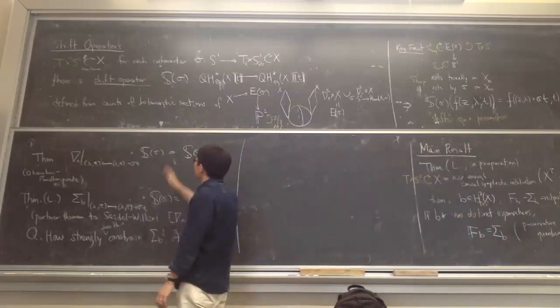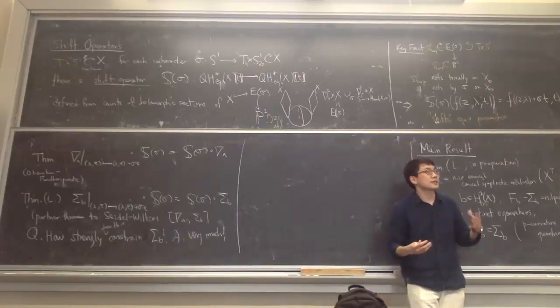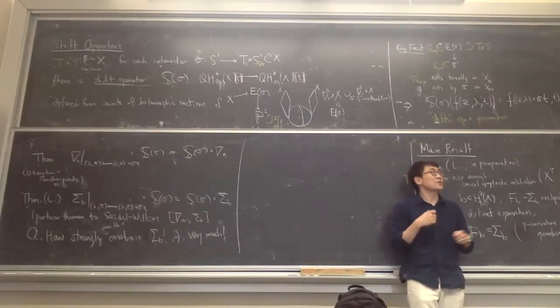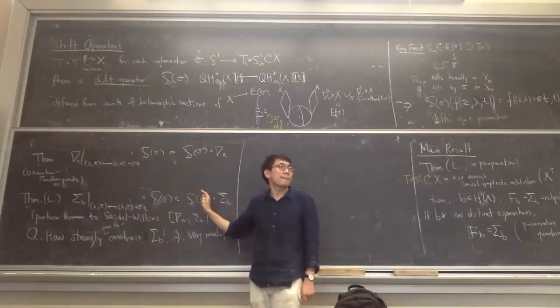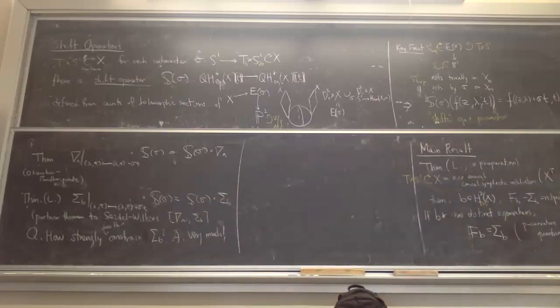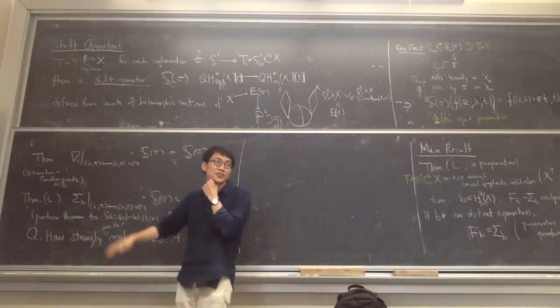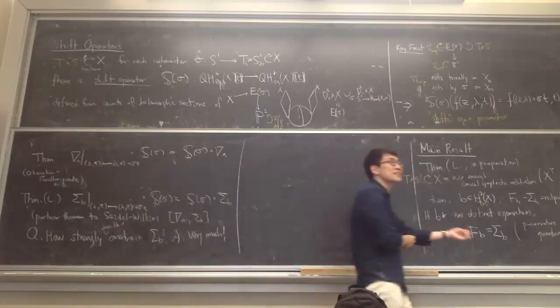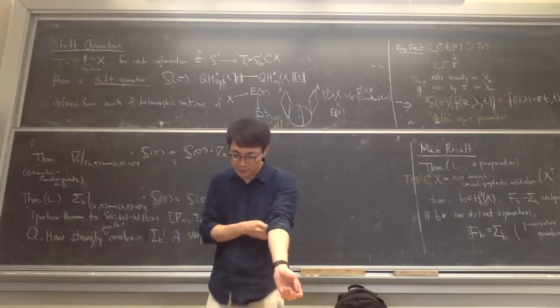But the viewpoint that I'm trying to promote here is that instead of considering the action that shuffles the mark points on your domain sphere, you should really think of this Z mod P action as the one that rotates. It's a part of this S1 action. And then relations like this come out more naturally, just because, as you notice, it's part of the same action, geometrically. But I didn't give the definition of quantum Steenrod operation in terms of shuffling the mark points, so that shift of viewpoint is a little bit invisible here.